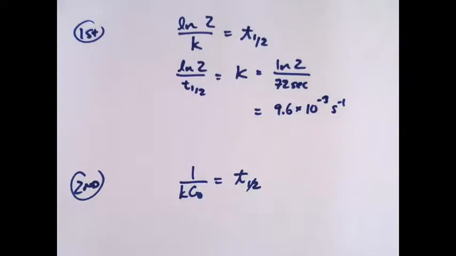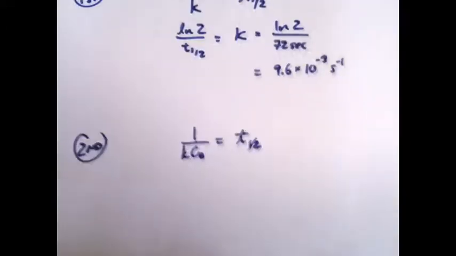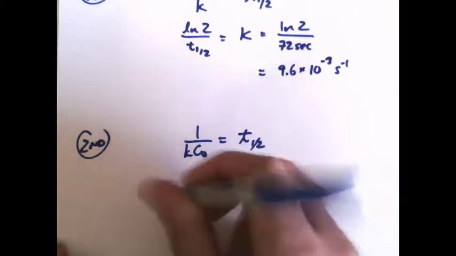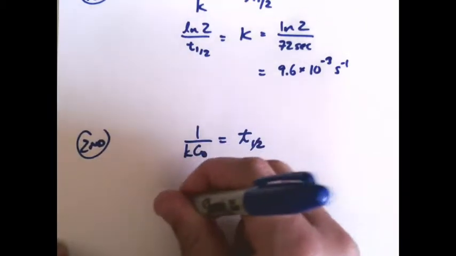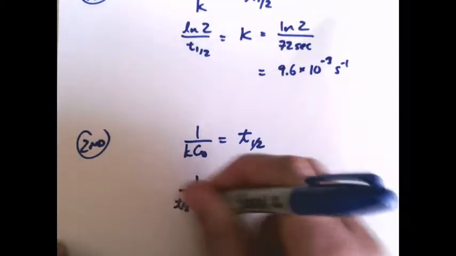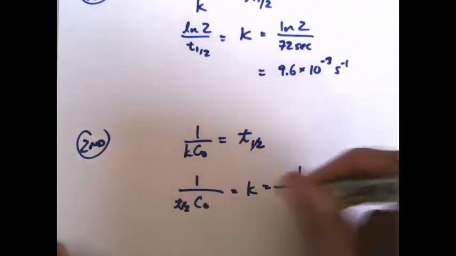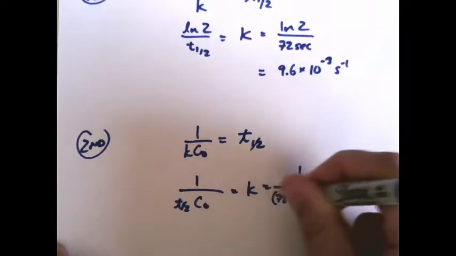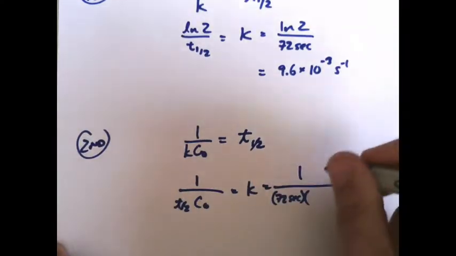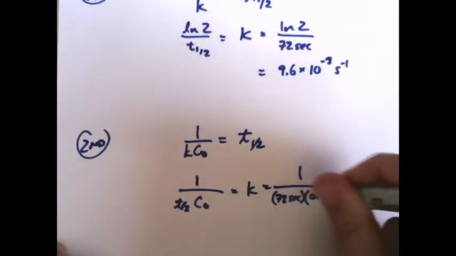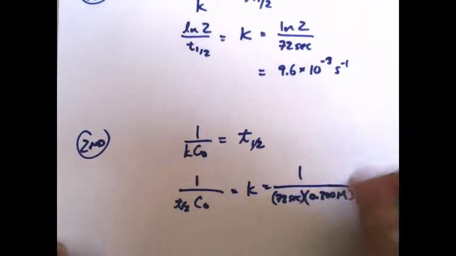Follow the bouncing units. For second order, I've got to put in one other piece of information from the problem, and that's that this is going to be 1 over T1/2 times C0 equals K. And so I now need not only the 72 seconds, but in addition, the C0, which was 0.300 molar.